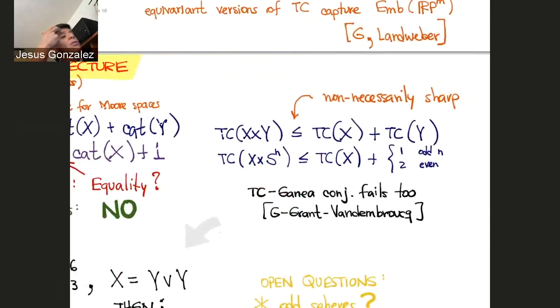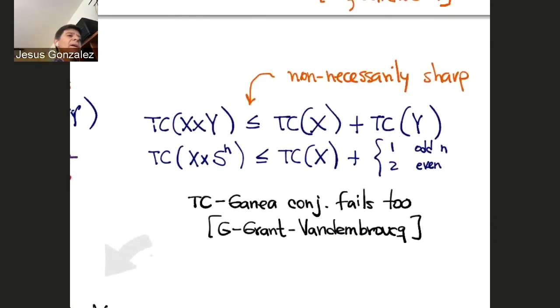for TC. The topological complexity of X times Y is also bounded from above by the sum of the topological complexity of the factors. You could take one of these factors to be a sphere, and then the topological complexity after crossing with a sphere would increase at most by 1 or 2, depending on the dimension of the sphere.